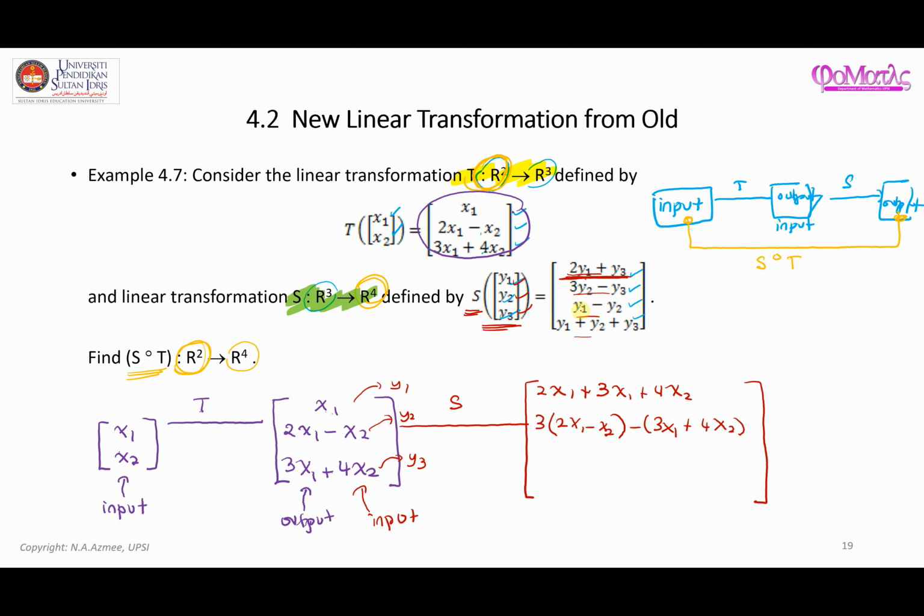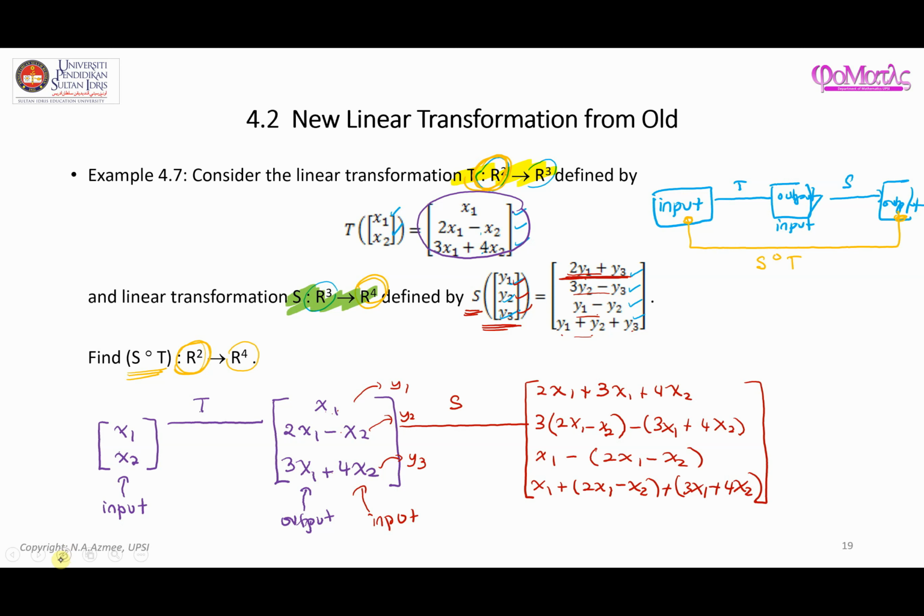Okay, and the third one is y1 minus y2, so this one minus this one. And finally y1 plus y2 plus y3, this all added together, x1 plus 2x1 minus x2 plus 3x1 plus 4x2. And of course we have to simplify that.